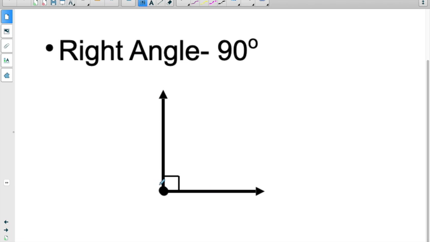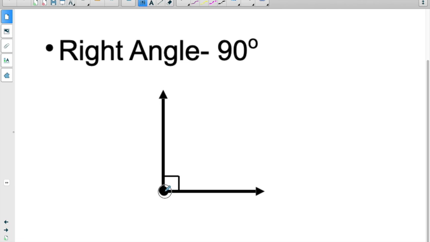You usually see these in corners, on boxes. Most things in our world are 90 degrees. So here we have a 90-degree angle. We would say that this line here is perpendicular to this one. This little box that's been placed here means that it's 90 degrees.